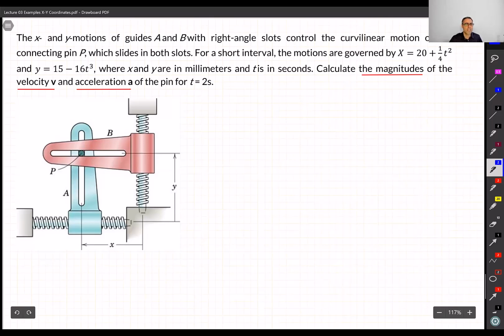basically a guide A, this vertical greenish one, and then this brownish or pinkish guide B. So independently, A can go left and right, B can go up and down, right? And each of them has a slot. Now you can visualize if I put a pin between these two, let's say if I only have A, A can move this pin left and right. Now when I add B, B moves it up and down.